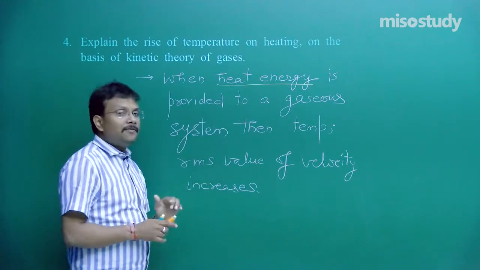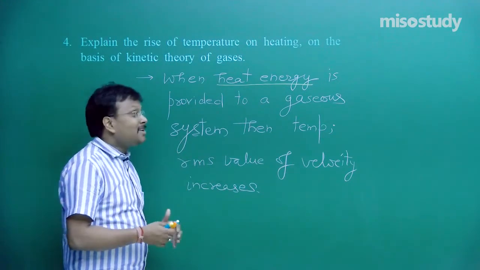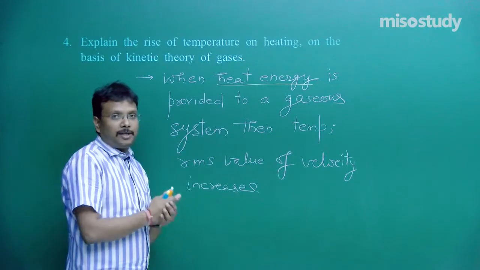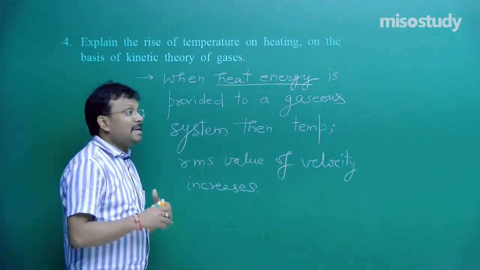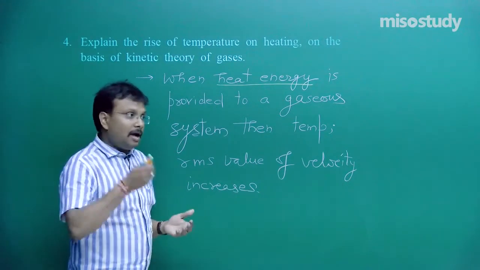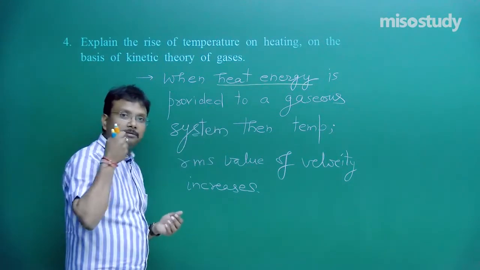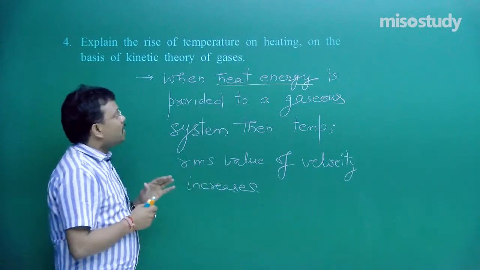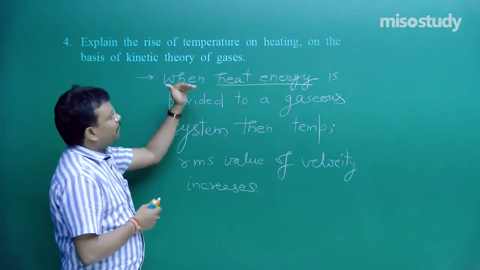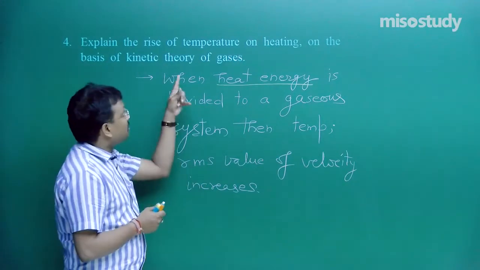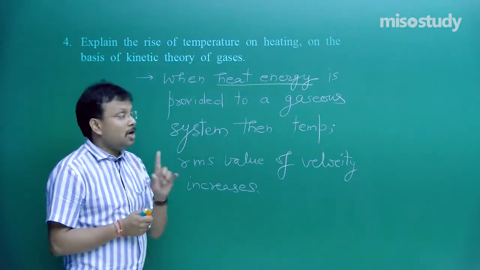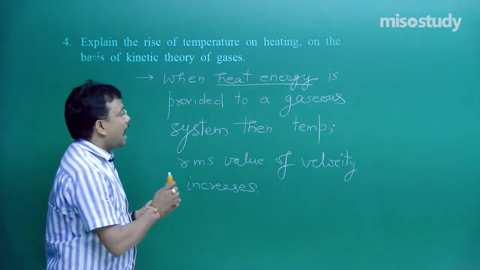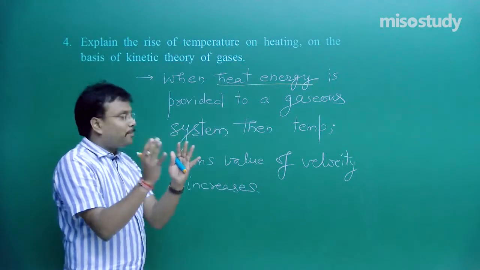So heat energy we are providing, and it is enhancing the temperature of the gas. Then it is enhancing the pressure of the gas, the rate of hitting of the molecules on the walls of the container. So on the basis of this assumption, kinetic theory, you have to confine your answer, and your sticking point should be this.